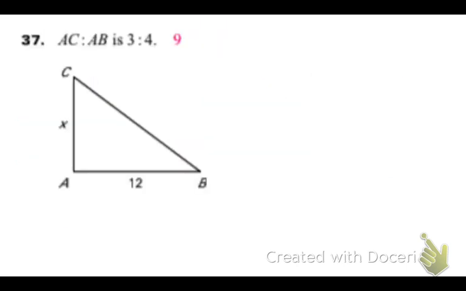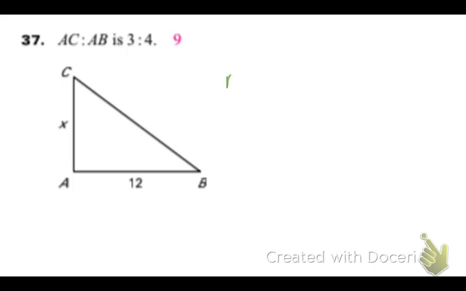So here we have a nice triangle, and it is telling us that AC to AB is equal to 3 over 4. So let's take a look at what that means. So there's that word "to" again.